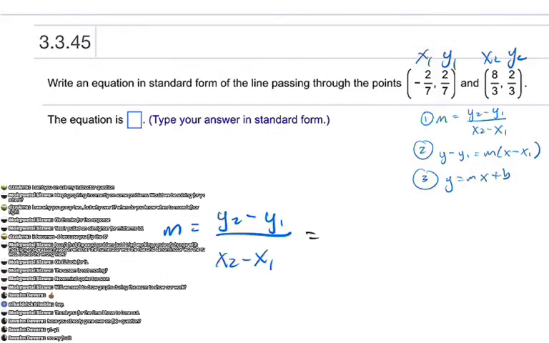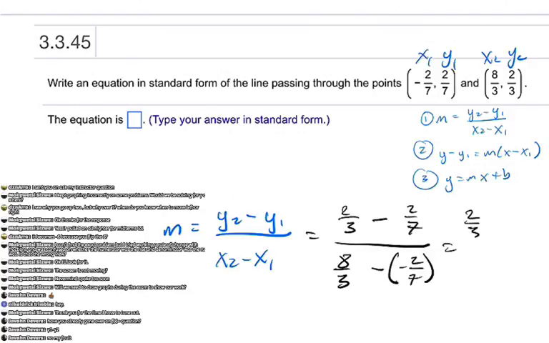Now, we see that y2 is 2/3, minus y1 is 2/7, divided by x2, which is 8/3, minus x1, which is negative 2/7. Okay, I'm going to do one manipulation. 2/3 minus 2/7 over 8/3 plus 2/7. Now, just keep me honest.